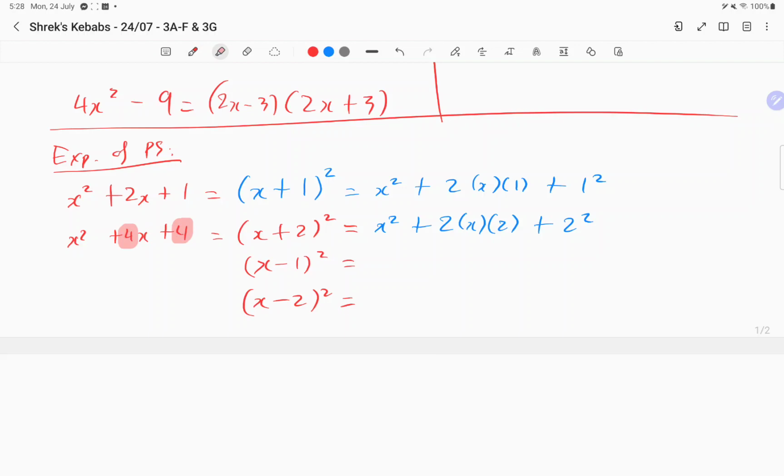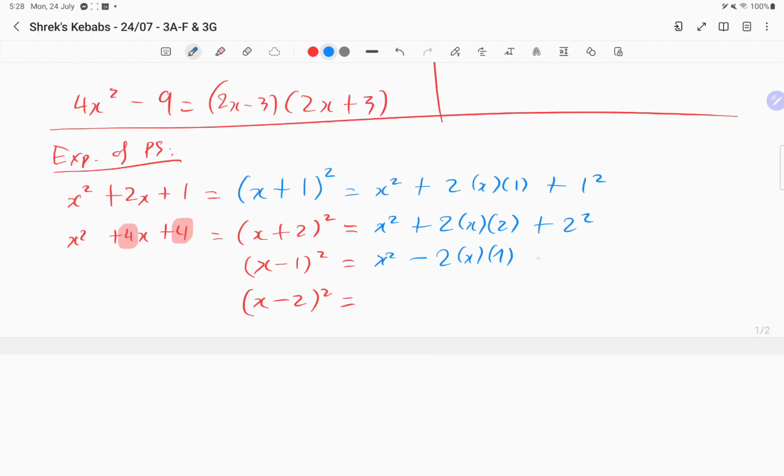You see, this is very common when you're doing completing the square as well. All right, Ashwin, what's x minus 1 everything squared? Explain that. X squared plus 2... sorry, minus. Yep, because of the minus here. 2x times 1, just 1, because the formula already accounts for the negative.